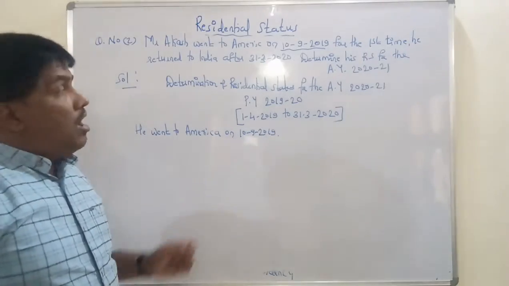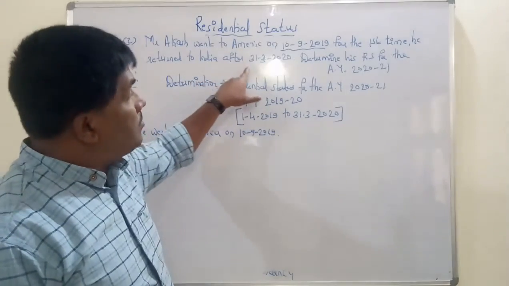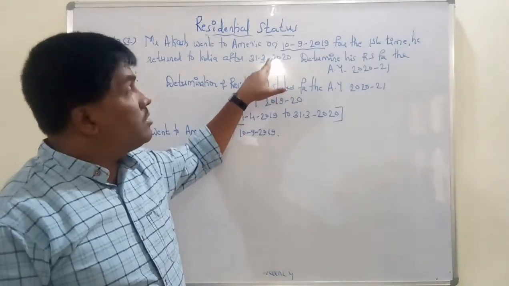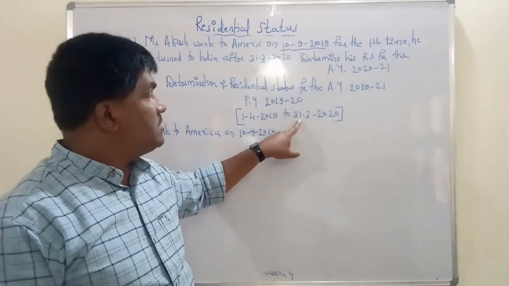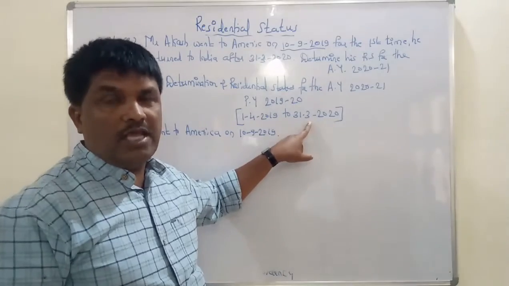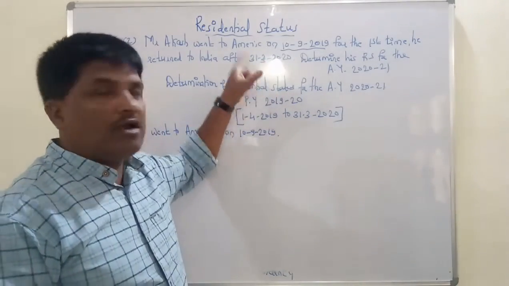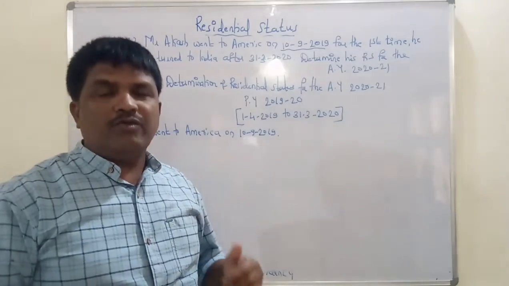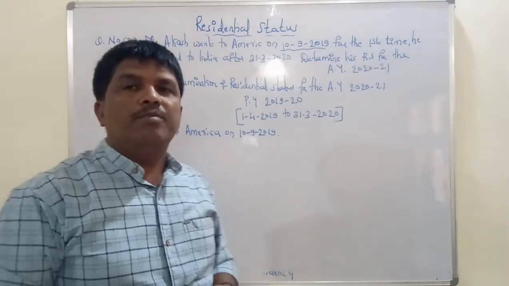So then on which date he has returned to India? He has returned to India after 31st/3/2020. After 31st/3/2020 means, the ending date of the previous year 2019-2020 is 31st/3/2020. As he returned to India after 31st/3/2020, you need not consider this date.